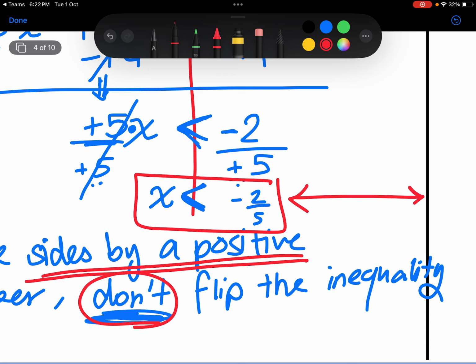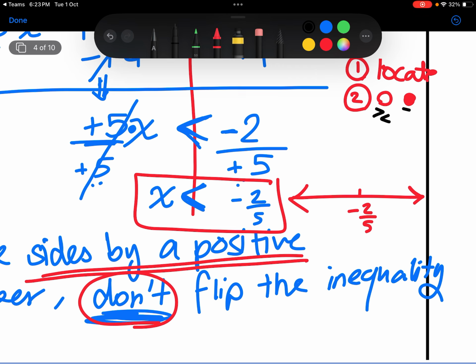So the steps to graph your inequality, first of all, locate your number. My number is negative 2 over 5. Just locate it. That's it. Step number 2 is choose whether it's an open circle or closed circle. Remember, it's open when it's more than or less than.